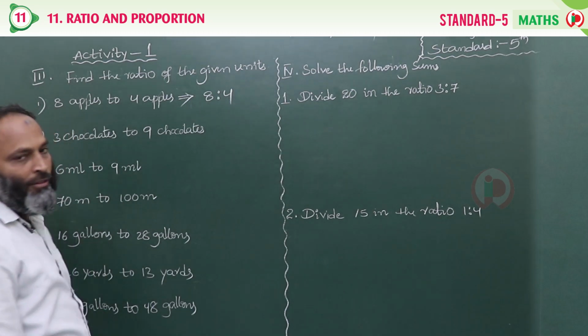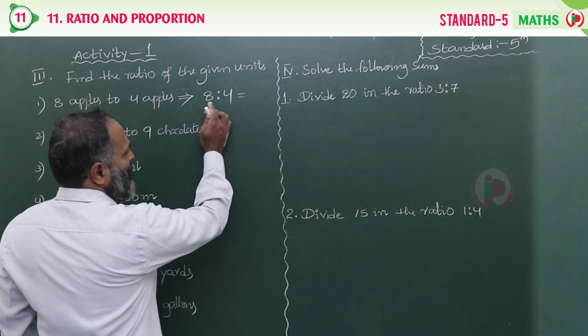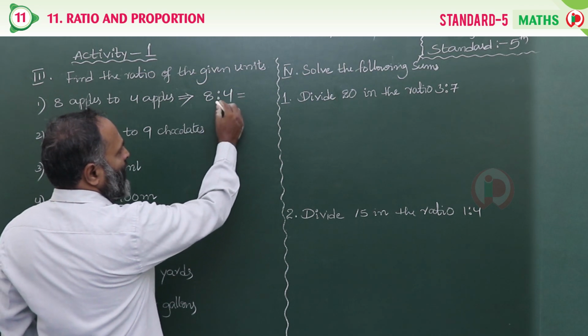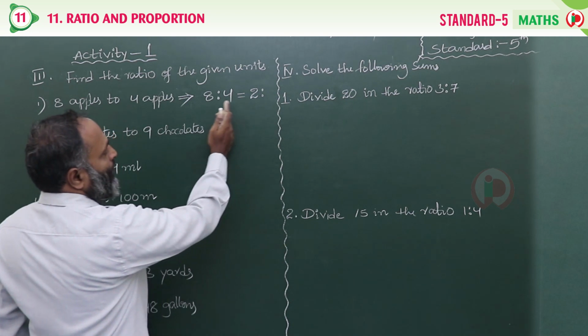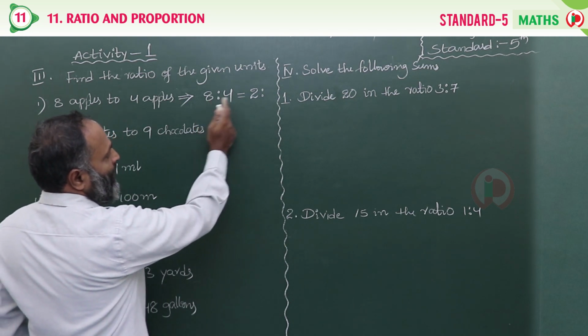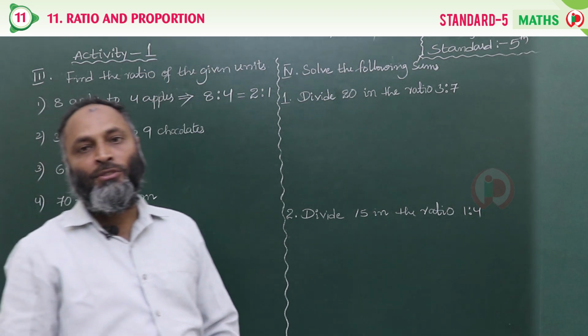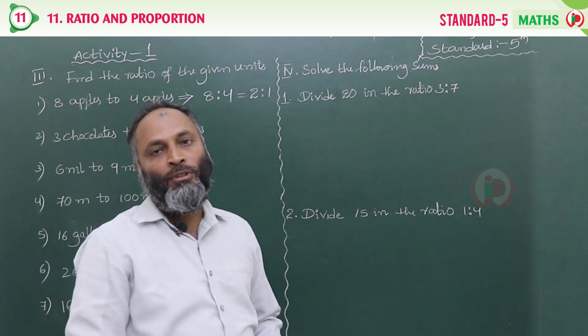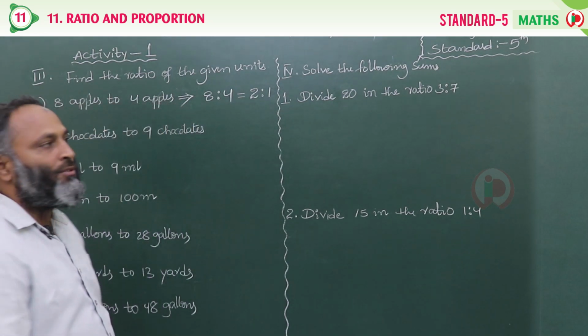If you simplify it, these two have common factor 4. 4 2s are 8, 4 1s are 4. In simplified form, 2 is to 1. So 8 apples to 4 apples is 8 is to 4, in simplified form 2 is to 1.